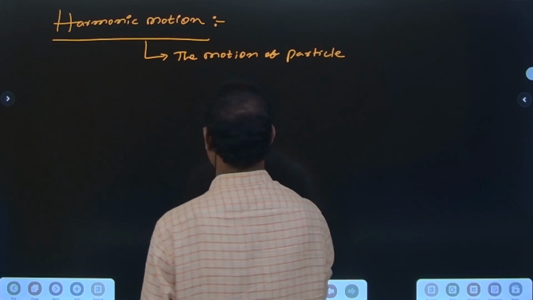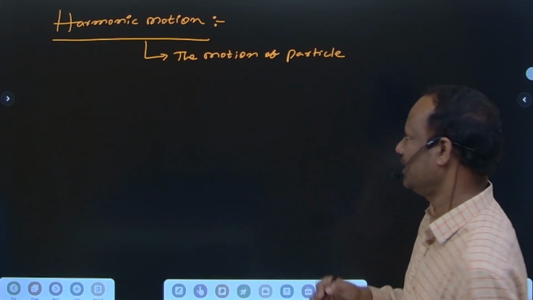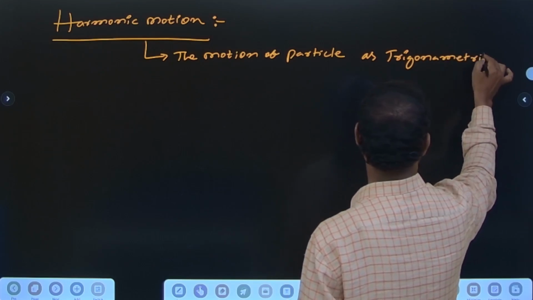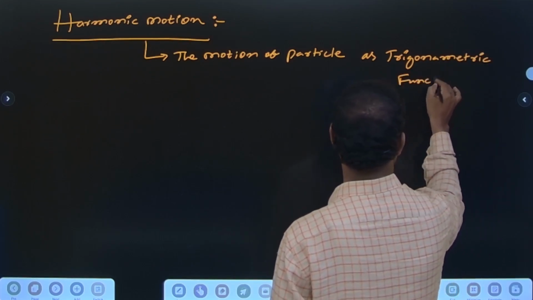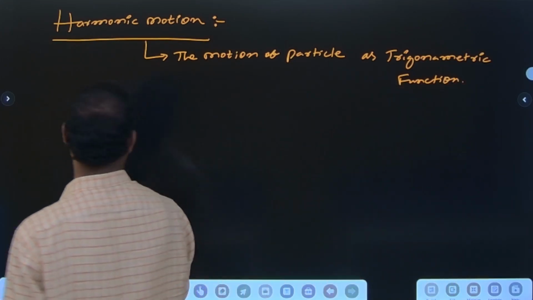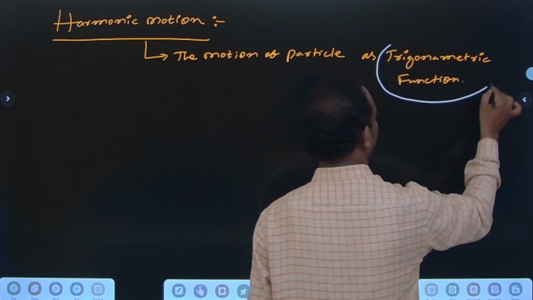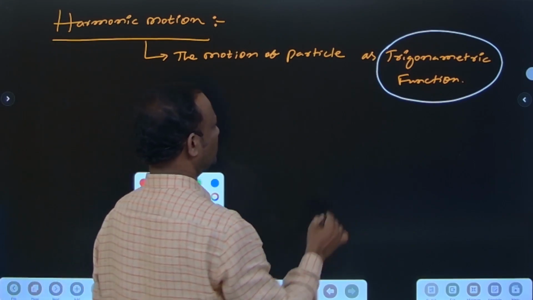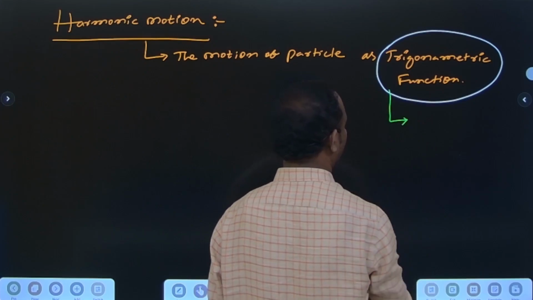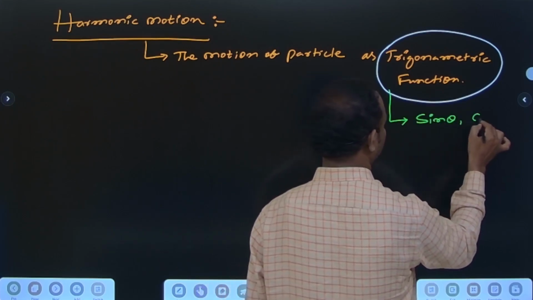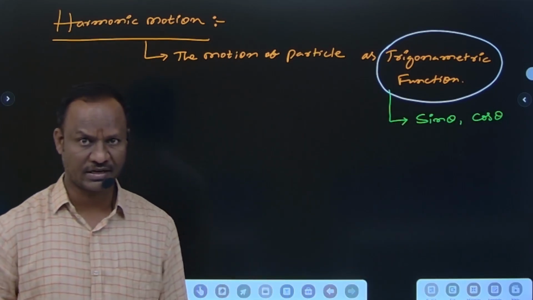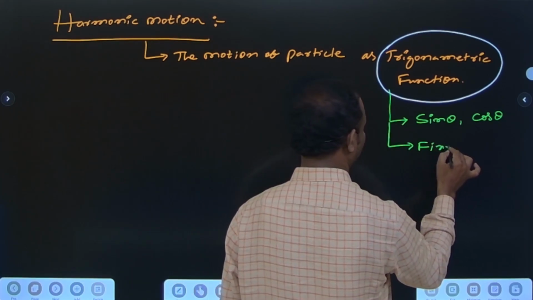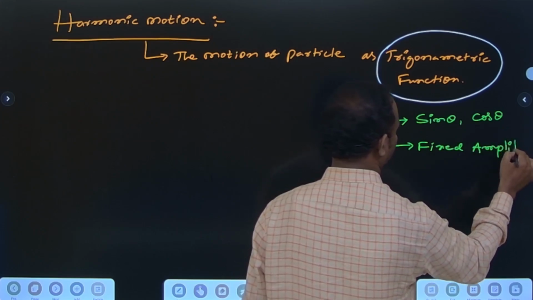expressed as a trigonometric function. In the trigonometric function, it should be a sine function or cosine function, and it should have a fixed amplitude.